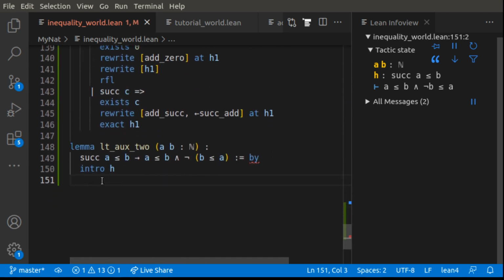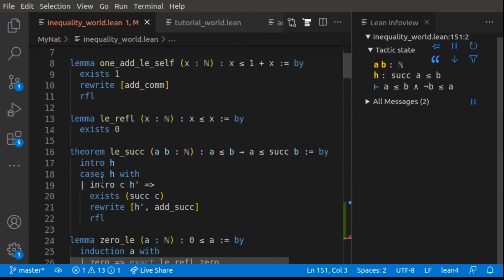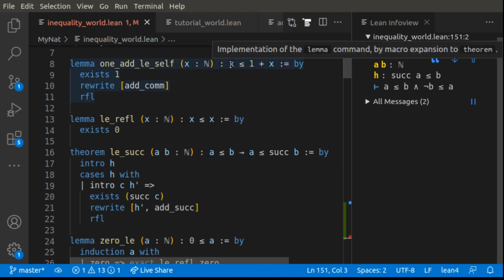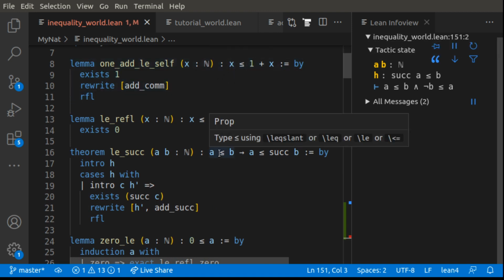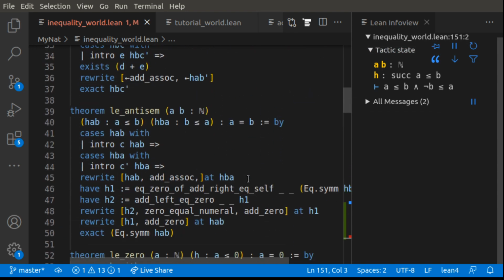So here we want to get a less than or equal to b if a plus 1 is less than or equal to b. Is that really not one of our... Okay, so we have, oh, a less than or equal to b implies a is less than or equal to successor of b. We don't necessarily want that.